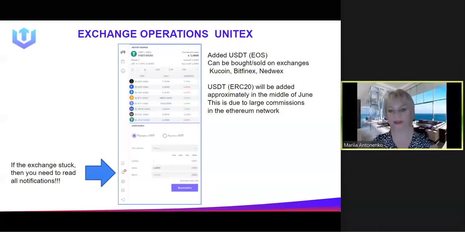Our programmers warned us that before the currency pairs were disconnected, all the orders had been canceled. But if for some reason your order has got stuck, create a ticket.